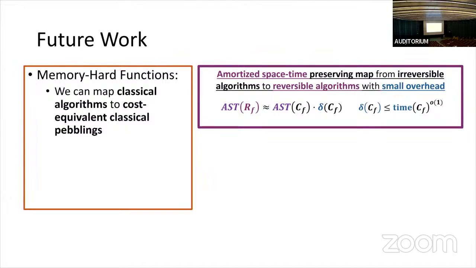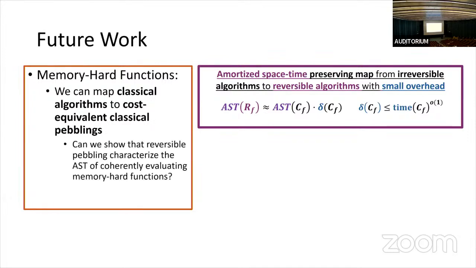This means that pebbling is both an upper and lower bound on the amortized space-time complexity. The natural question is whether or not we can show that reversible pebblings also characterize the cost of coherently evaluating them. In particular, I think that memory hard functions are a promising candidate for breaking through this barrier we seem to have on proving space-time lower bounds for single output functions.